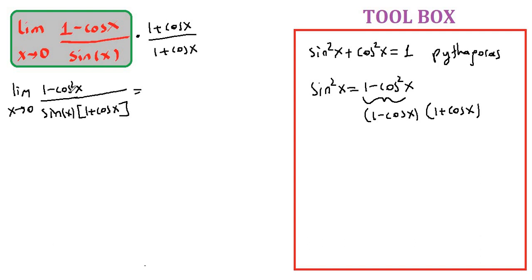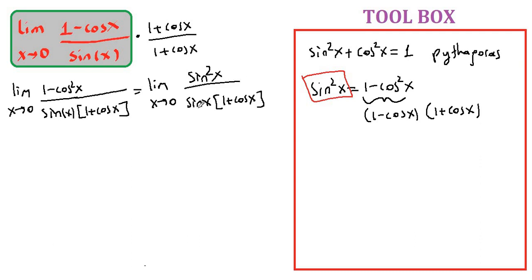And we can replace 1 minus cosine squared of x with sine squared of x. So our limit as x approaches 0 will be sine squared of x divided by sine x times 1 plus cosine x. Here, one factor of sine x cancels sine x and leaves the limit as x approaches 0 of sine x over 1 plus cosine x.